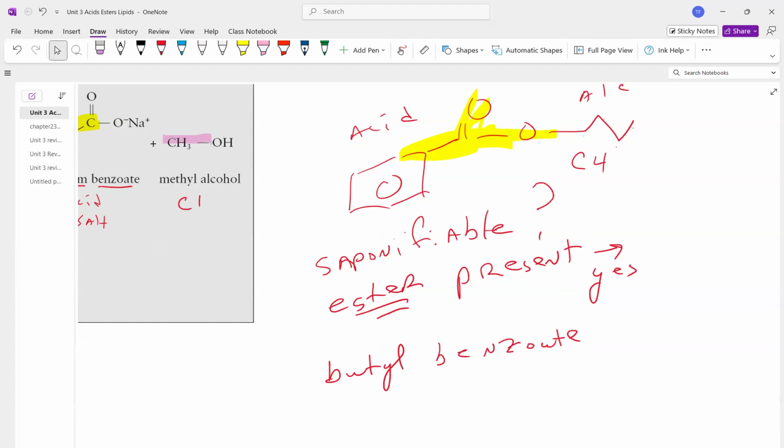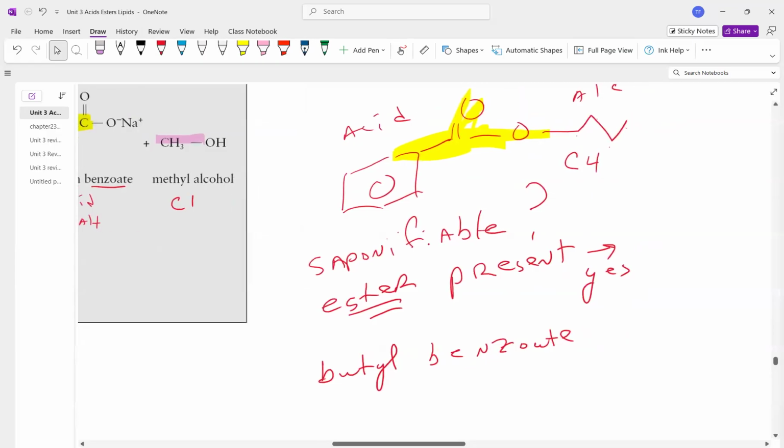What is the ester part? It's this part, the yellow part. You need a carbonyl group, a double bonded O, plus the O. So it's almost like OCO, only one of the O's is double bonded.